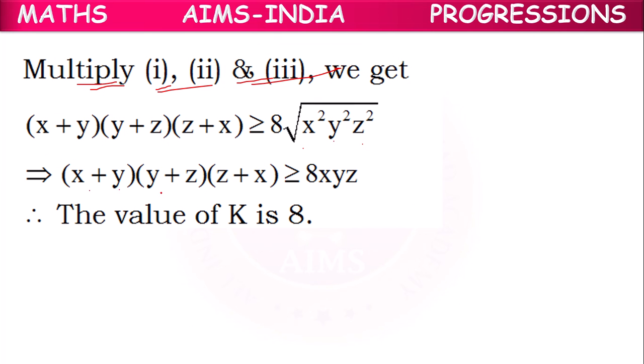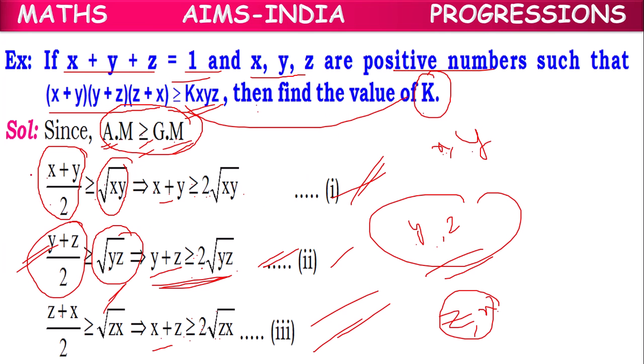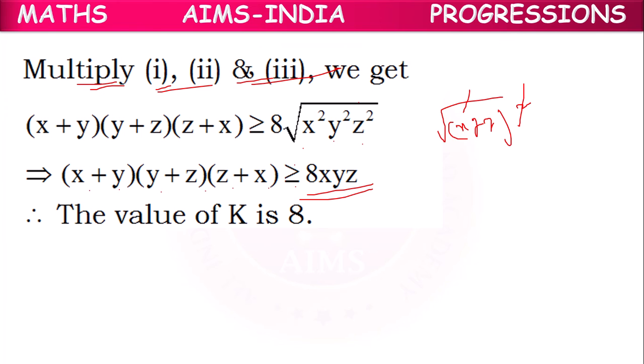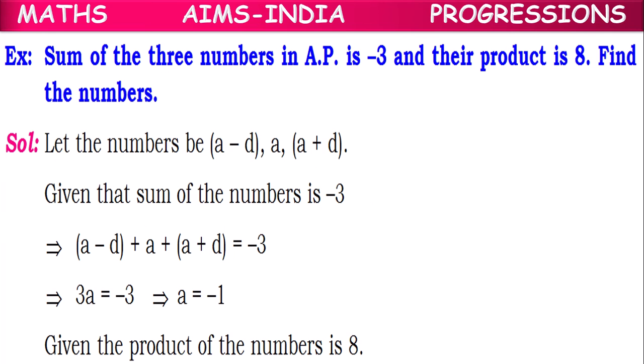So (x plus y) into (y plus z) into (z plus x) is greater than or equal to, this can be written as root of (xyz) whole square, square root cancels, 8xyz will remain. But in the question, they have given such that it is greater than or equal to kxyz. But we have got 8xyz. So the value of k is 8.